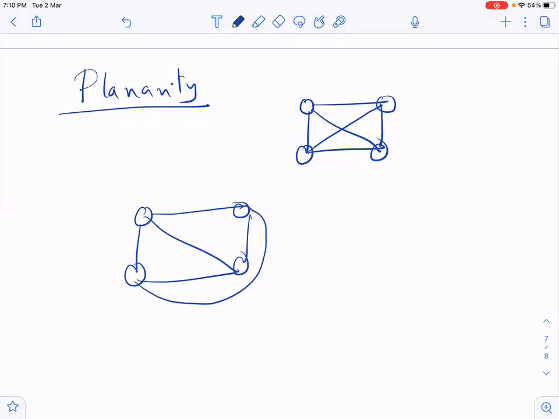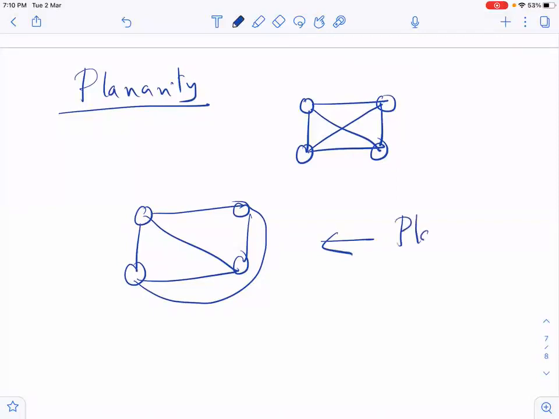Note that these two pictures are basically the same graph, but they are drawn in a different way. While this has an artificial intersection, this particular point is not a vertex, but it has an intersection. This one does not have an intersection. So this is what is called a planar drawing, and this is not.